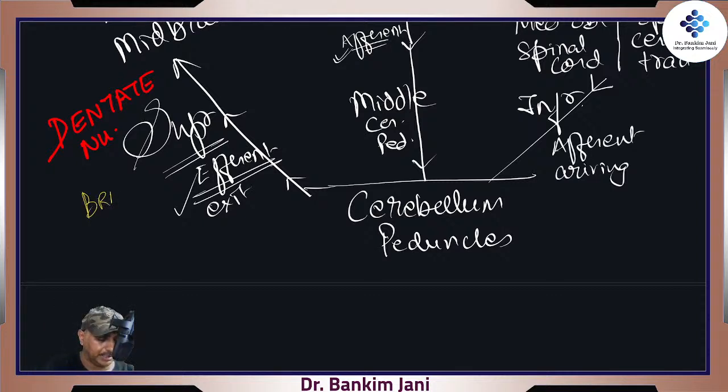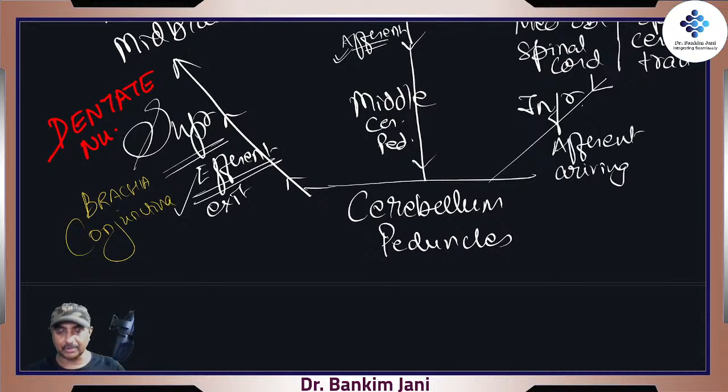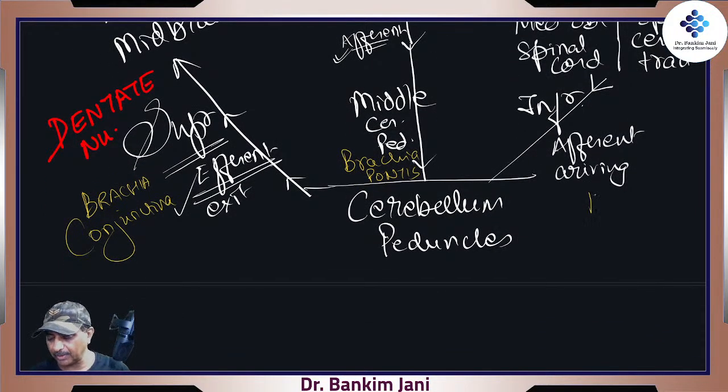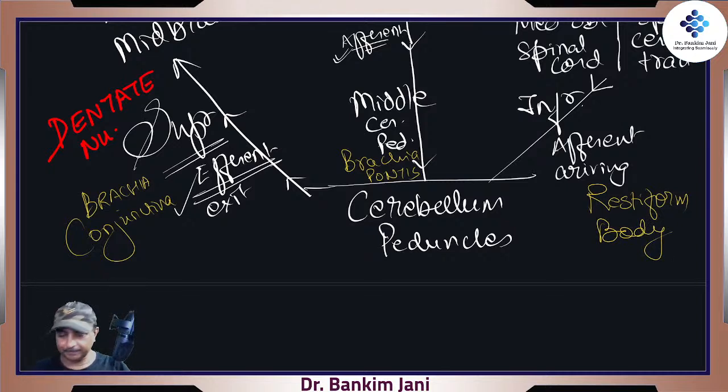These are just the other names. The middle cerebellar peduncle is also called the brachium pontis, because it is related to the pons. And the last one, the inferior cerebellar peduncle, is called the restiform body. So that's how these cerebellar peduncles are associated.